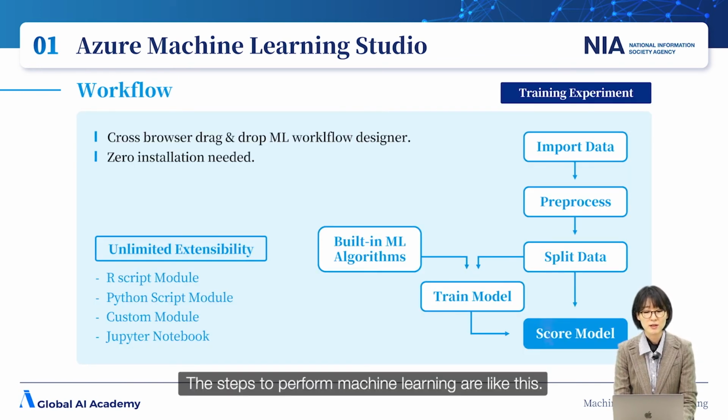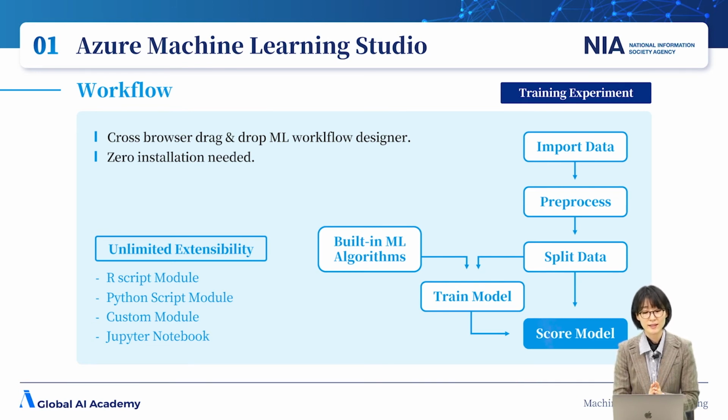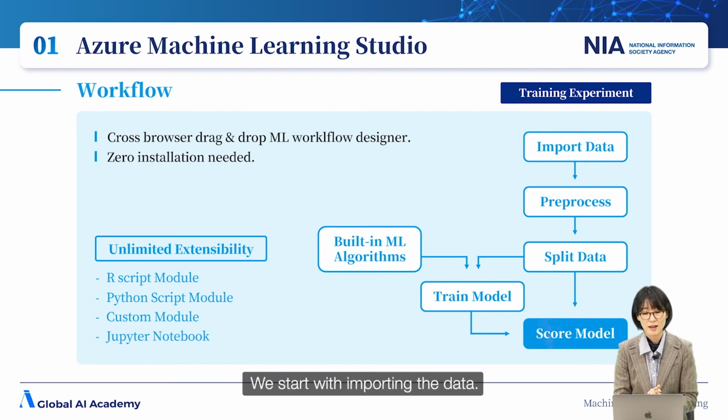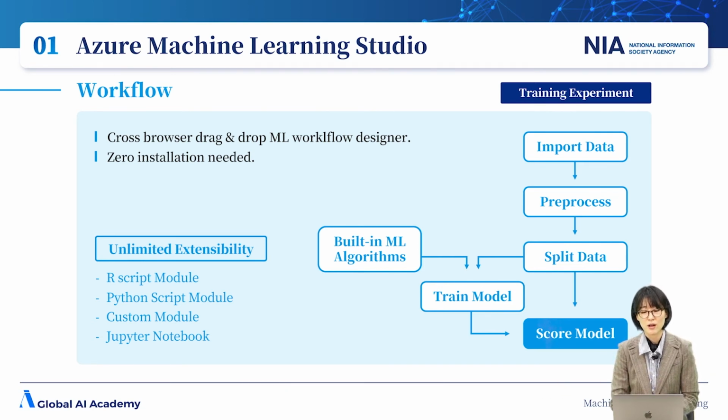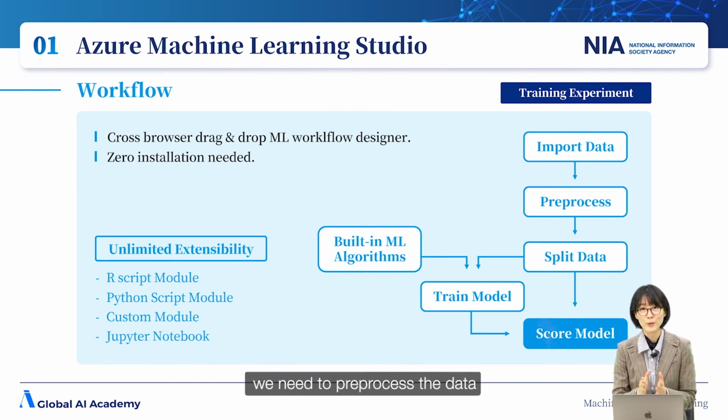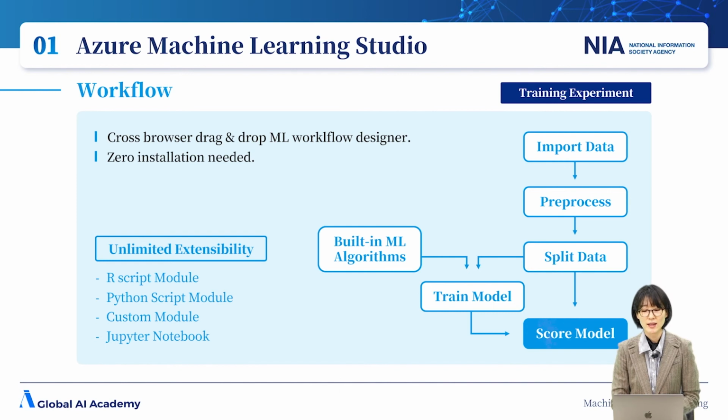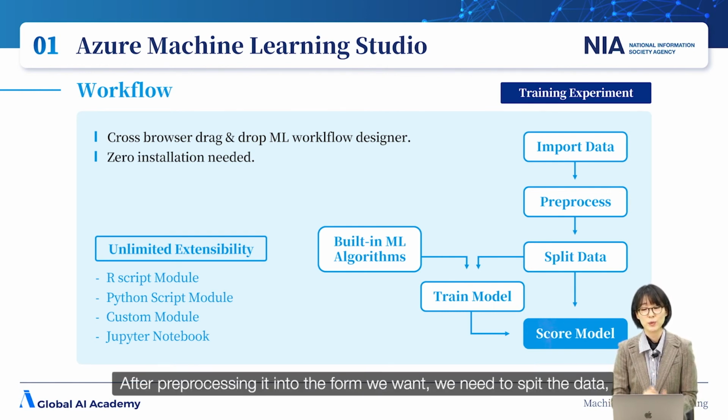The steps to perform machine learning are like this. We start with importing the data. After importing the data, we need to pre-process the data instead of using it at once. After pre-processing it into the form we want, we need to split the data.